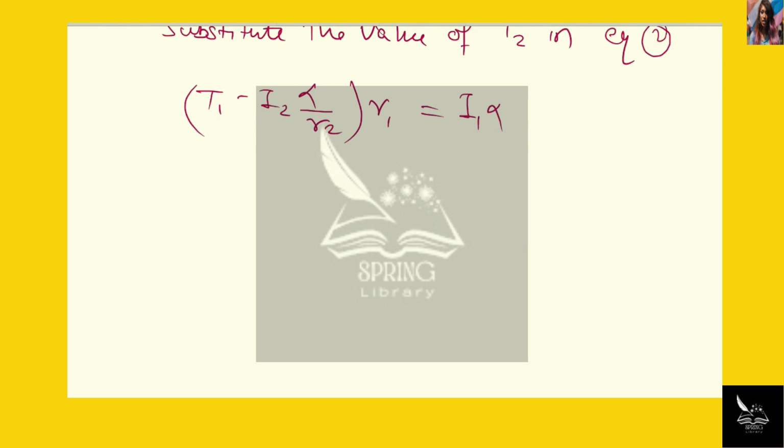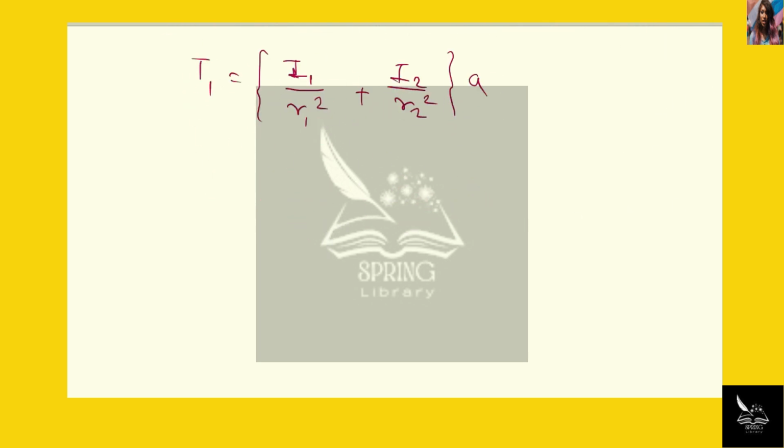From here we get T1 equals I1 upon R1 square plus I2 upon R2 square, into A. Now substitute this value of T1 into equation 1.